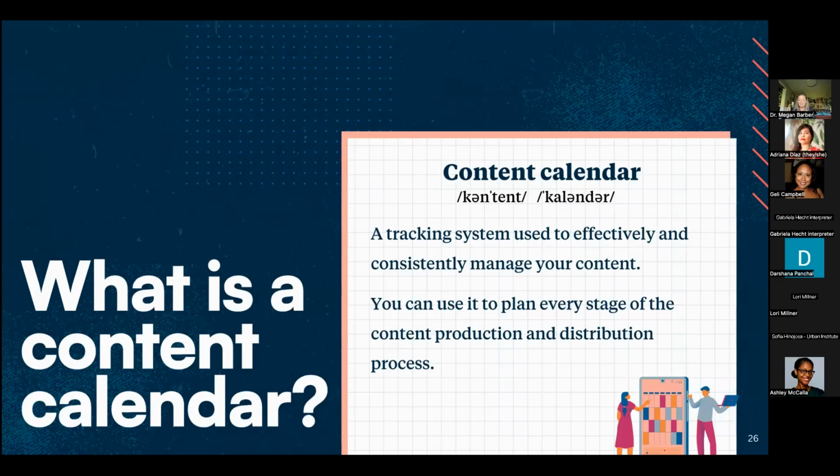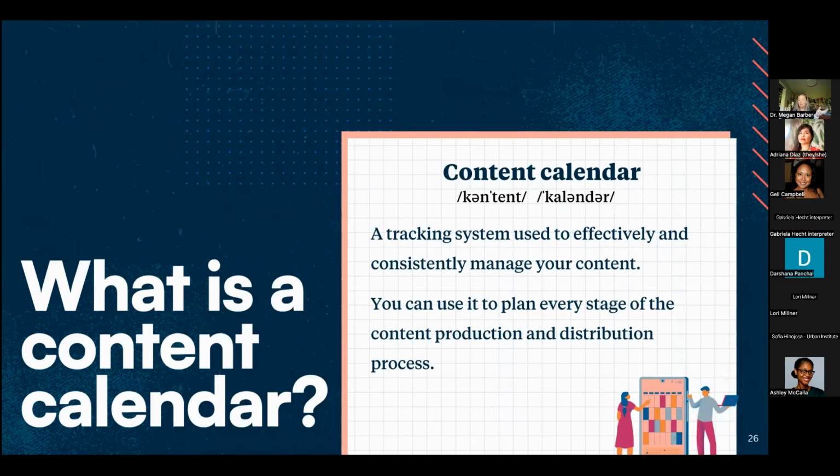Depending on the size of your team and your capacity, posting consistently may mean several times a day, once a day, or maybe just a couple times a week. But it's important to know that if you're not posting at least twice a week, you're probably going to limit some of your engagement opportunities.